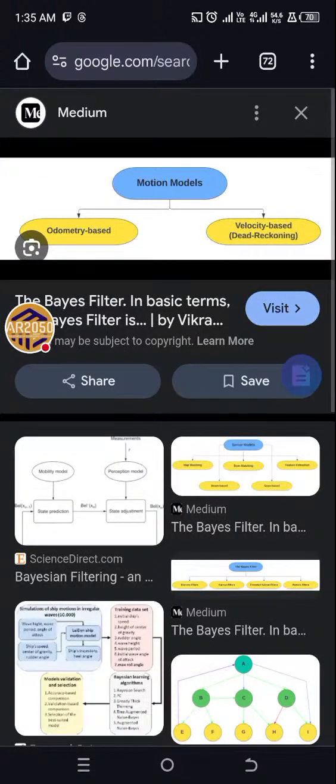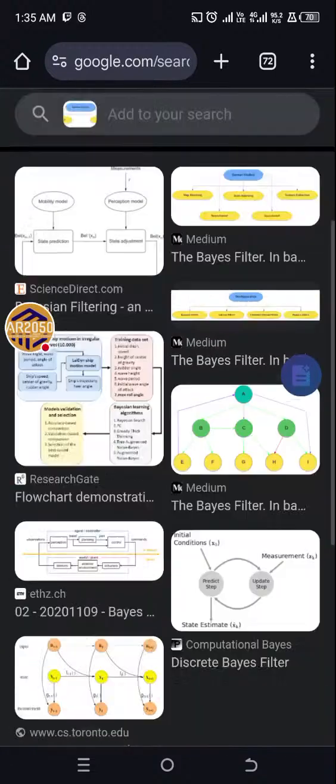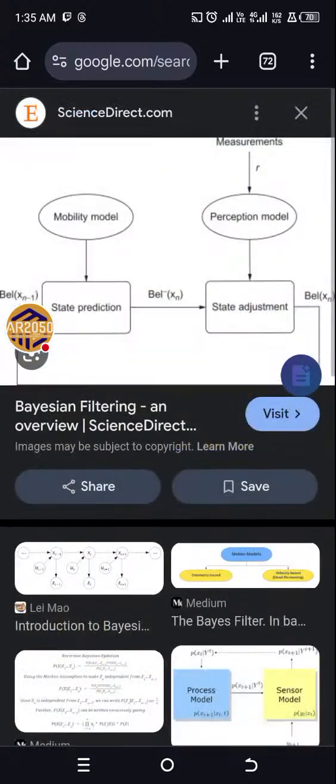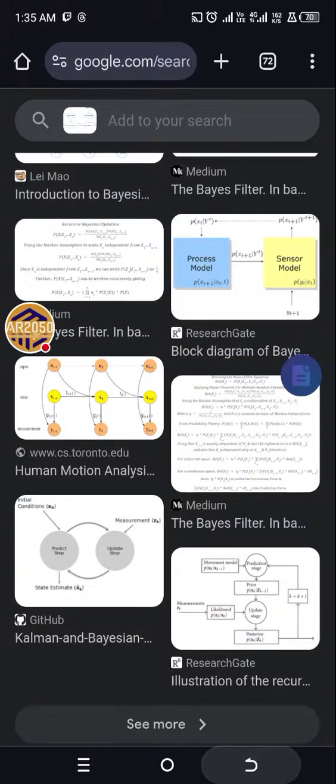Odometry based, velocity based. It's not really making sense to me.